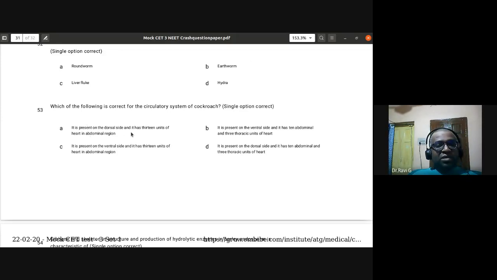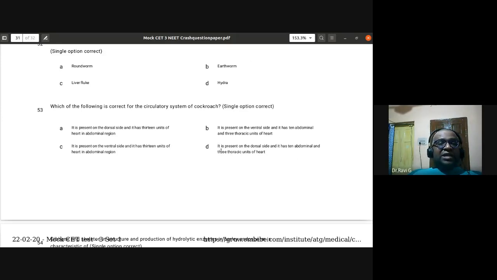It is present on the dorsal side, and it has 13 units of heart in the abdominal region. It is present on the ventral side, and it has 10 abdominal and 3 thoracic units of heart. It is present on the dorsal side, and it has 10 abdominal and 3 thoracic units of heart.